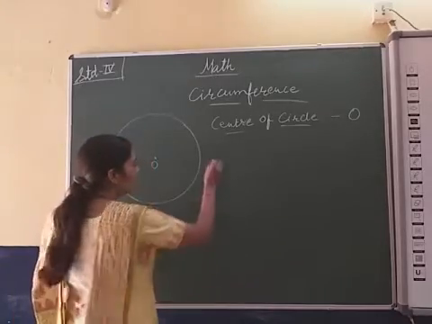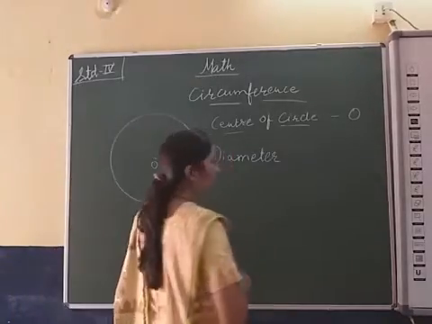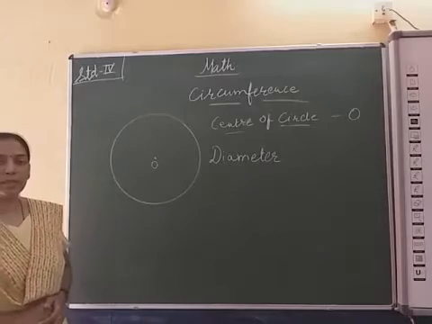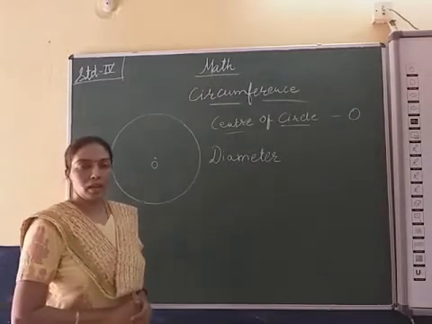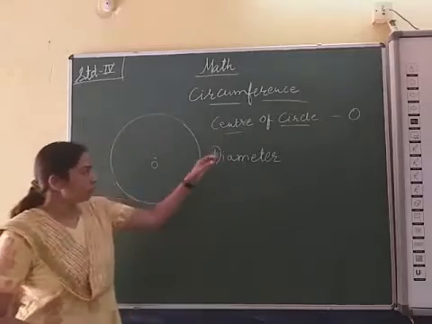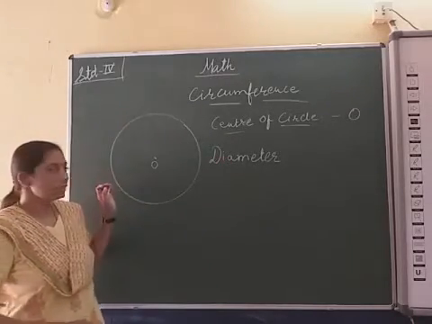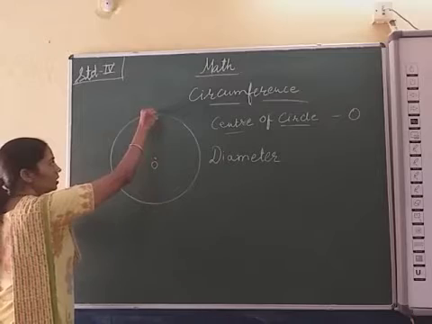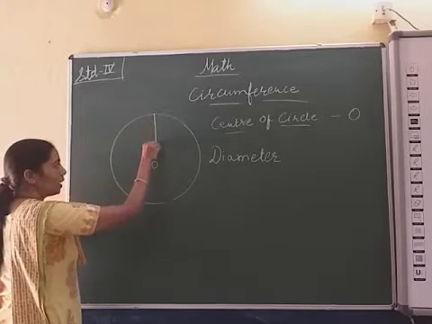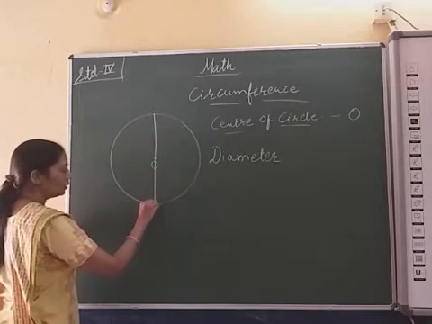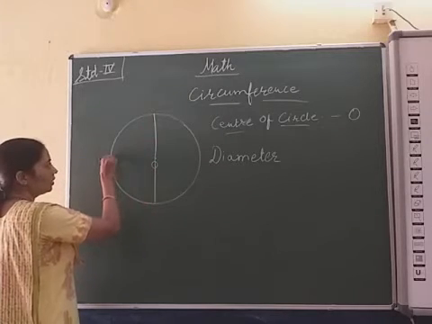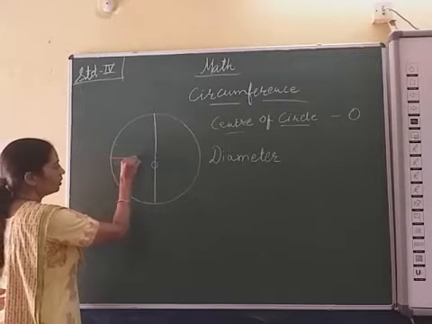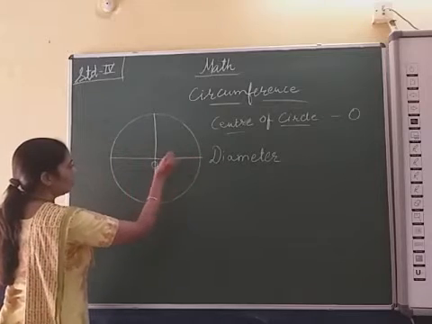Now the second is diameter. Diameter means a line segment that passes through the center. It may be this, it may be this.